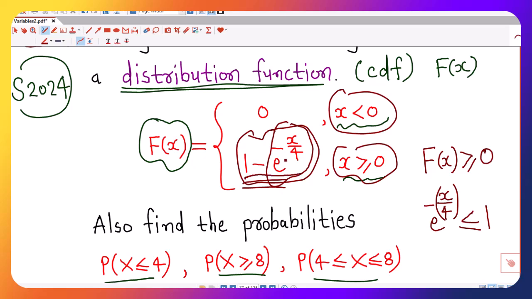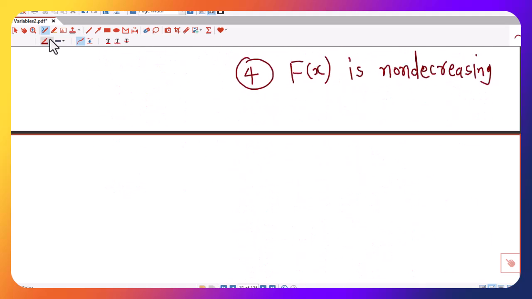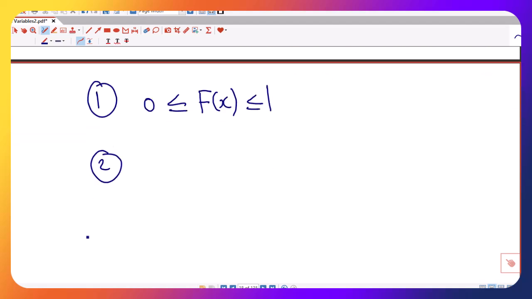Therefore 1 minus e raised to minus x by 4 is always less than or equal to 1 if x is non-negative. So it is clear that this first property is satisfied, that CDF is always in between 0 and 1.